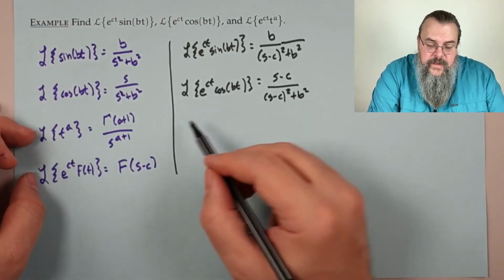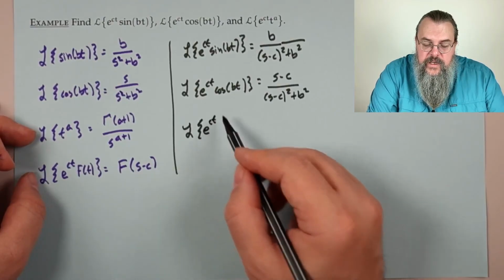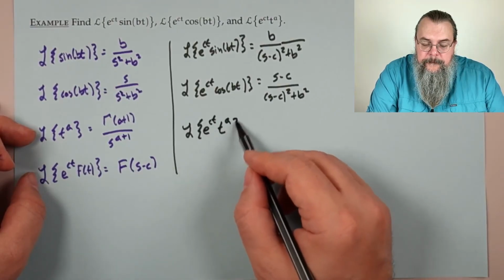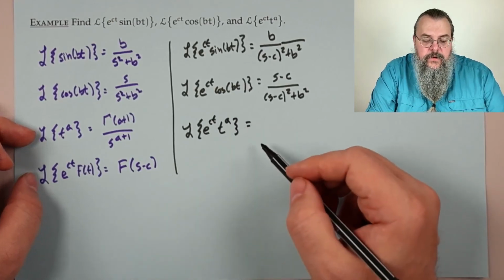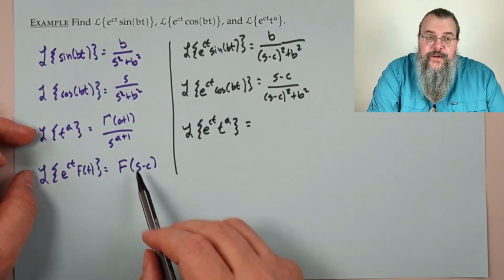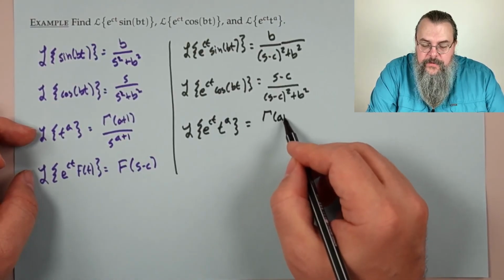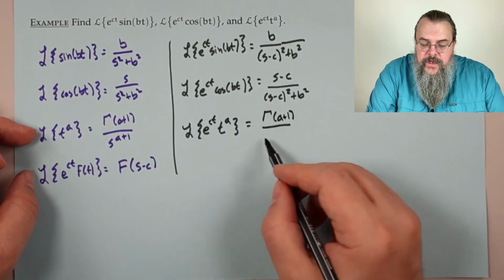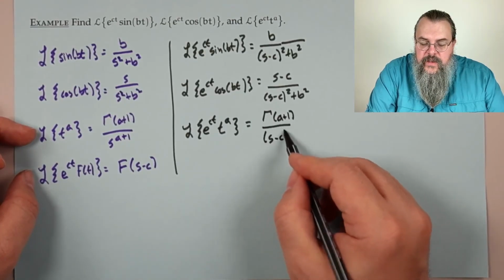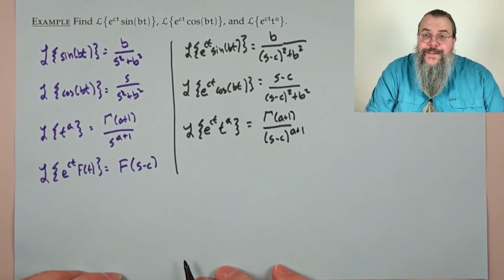And here, again, the Laplace transform of e to the ct t to the a is, well, we're going to have a shift by s minus c. So the only place where you see an s is downstairs. So the upstairs is still gamma of a plus 1, over s minus c to the power a plus 1. All right. See, isn't that great?